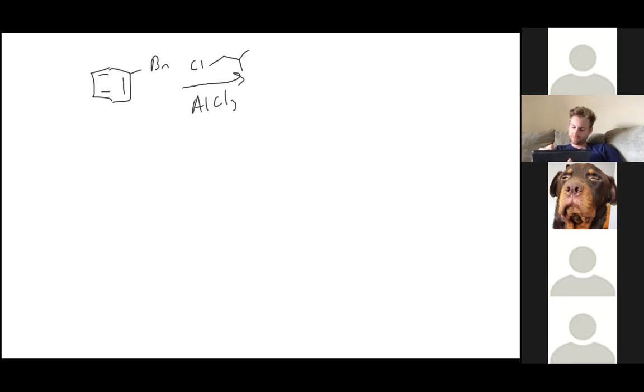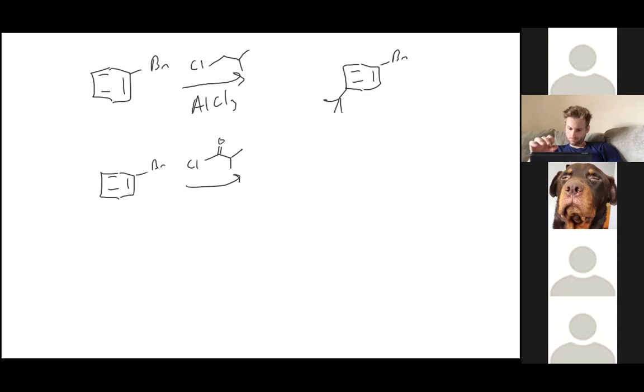It rearranged us. We threw in the acyl version of it instead. That gives us something similar to what we want, but it's not quite what we want.